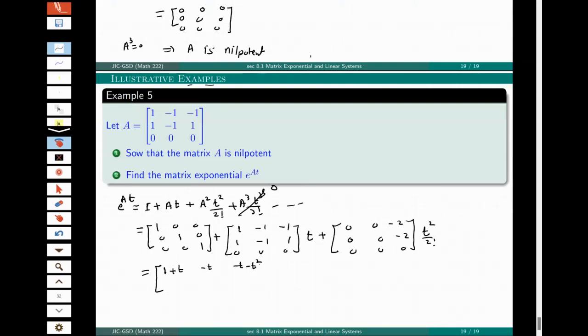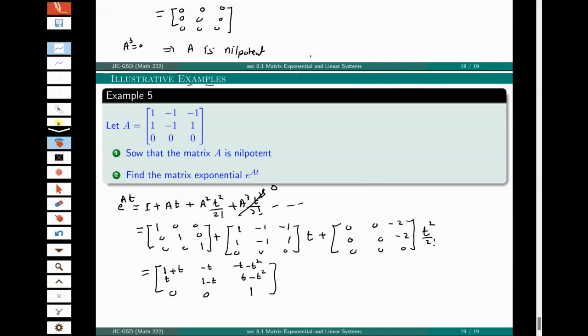Same thing for the second row: 0 plus t, and then we have 1 minus t, and that will be 0 plus t minus t squared, and the last row is 0 0 1.